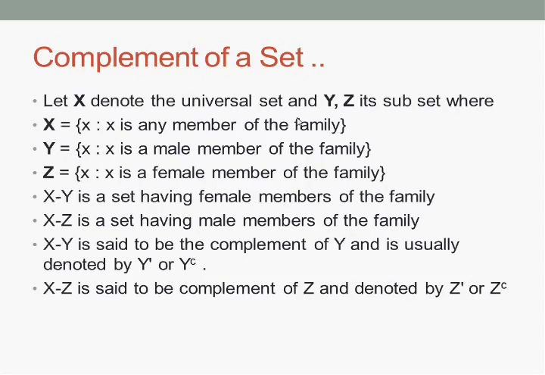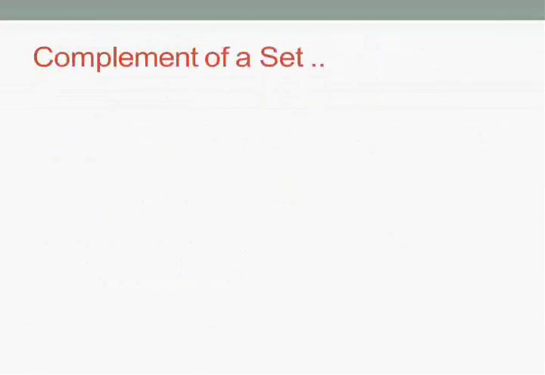X minus Y is said to be the complement of Y and is usually denoted by Y prime or Y complement. X minus Z is said to be the complement of Z and denoted by Z prime or Z complement. Before going further, let us have a look into some important points.